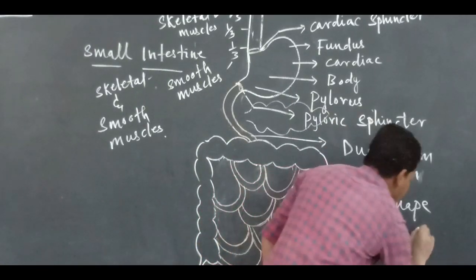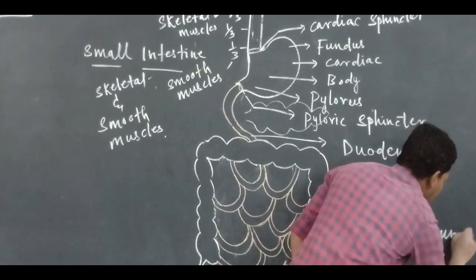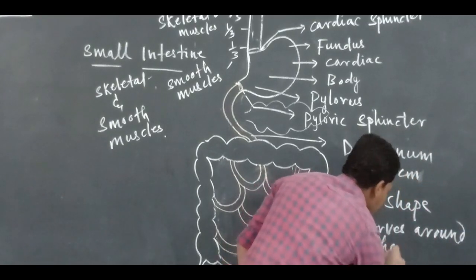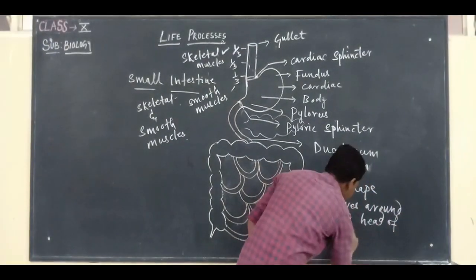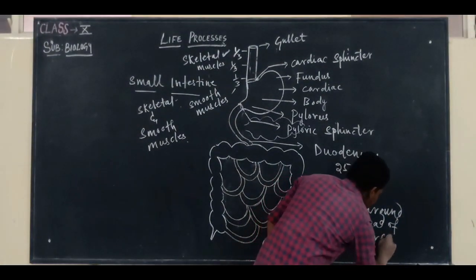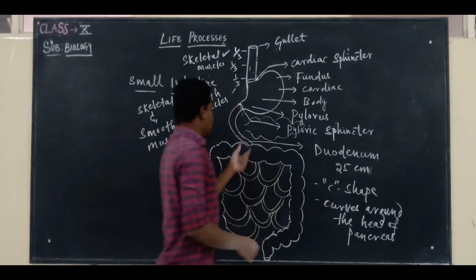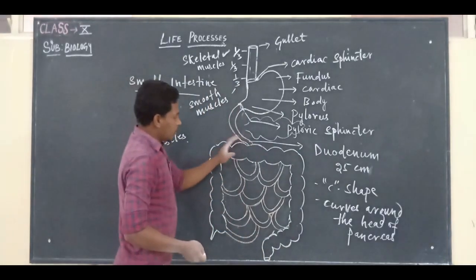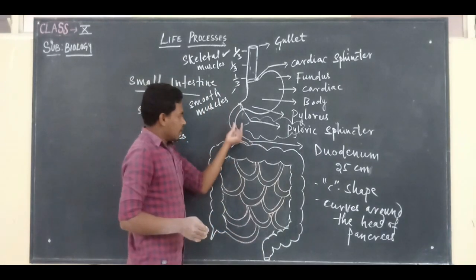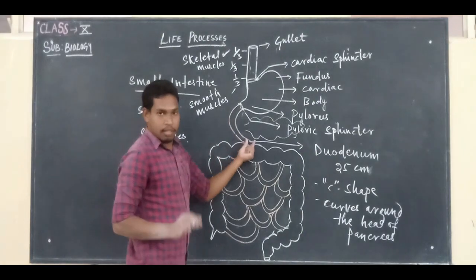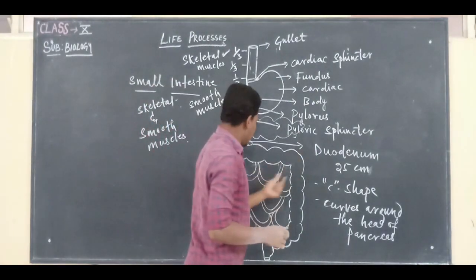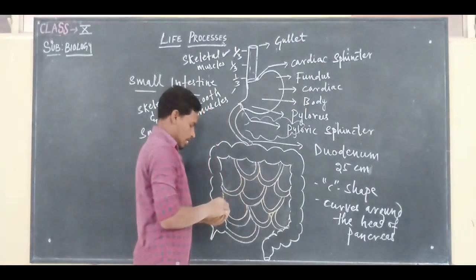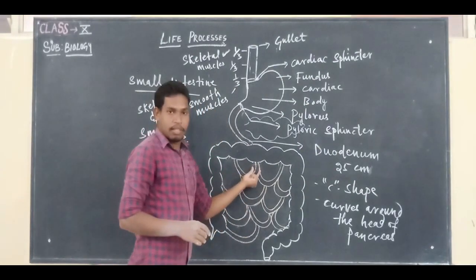Curves around the head of the pancreas. The duodenum is not that much coiled, and the next part starts with jejunum.